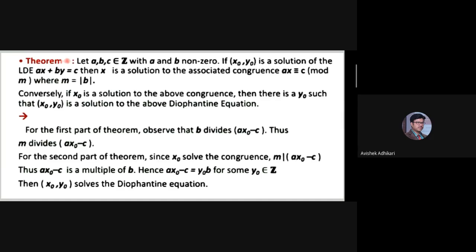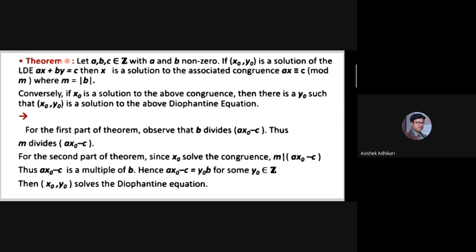For the first part of the theorem, it is a very easy routine calculation: observe carefully that b divides ax0 minus c. Thus, b is nothing but m, and m divides ax0 minus c, and we get this result.